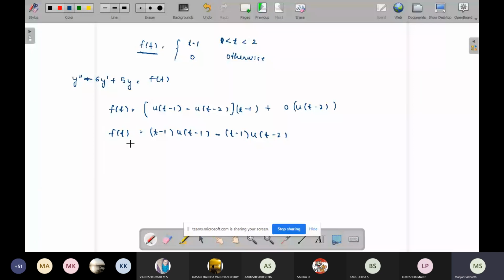Now you need to find the Laplace transform of f of t, right? So take the Laplace transform of this and of this.